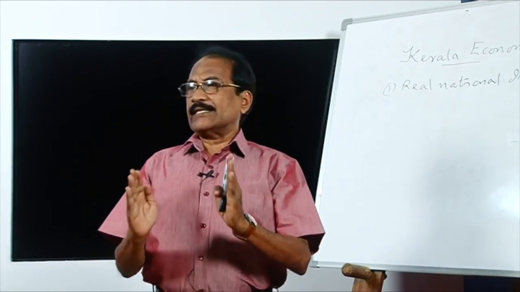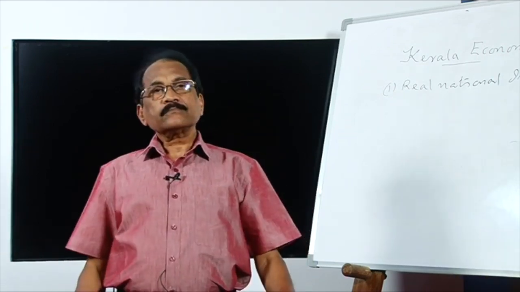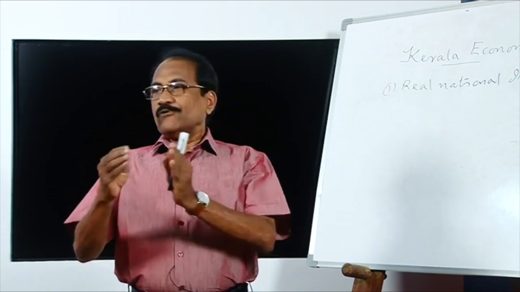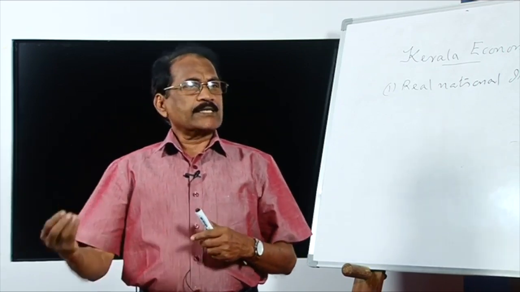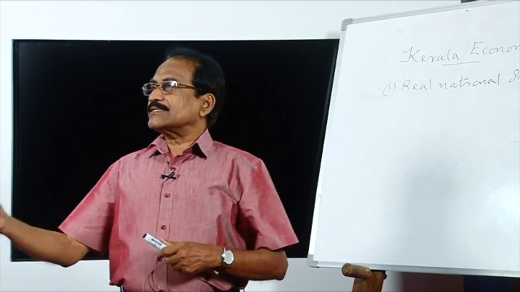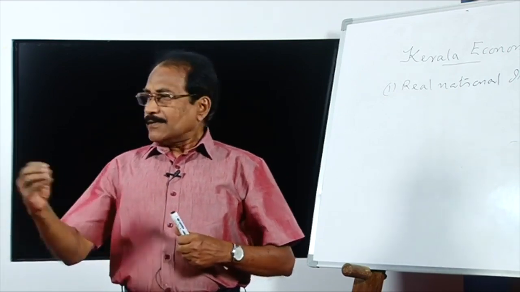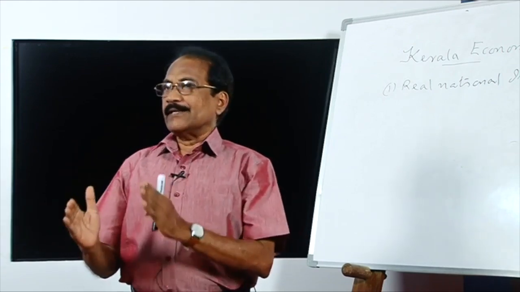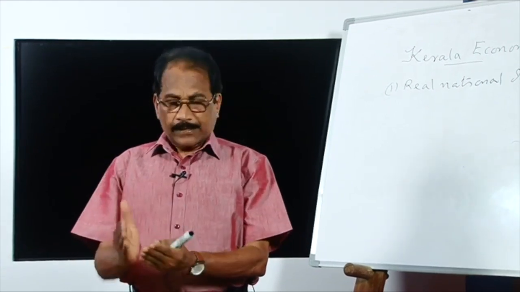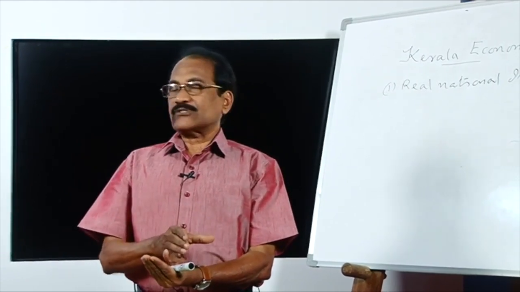We take 2011-12 as the base year. Then the value of commodities produced in all the subsequent years, 2013, 2014, 15, 16, 17, all the subsequent years, the valuation of commodities is made on the price of the base year.